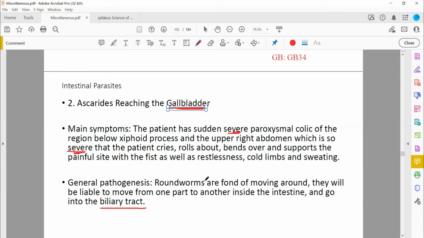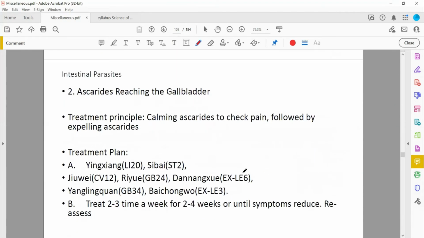It's so painful, sudden and severe. So the treatment is to stop the pain, followed by expelling ascaris.